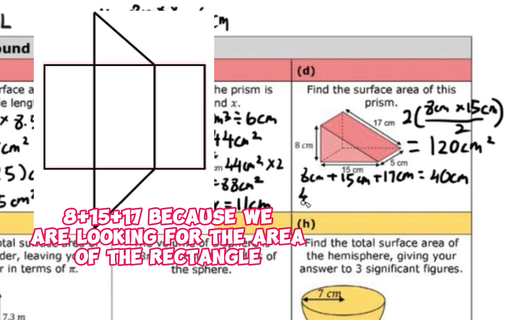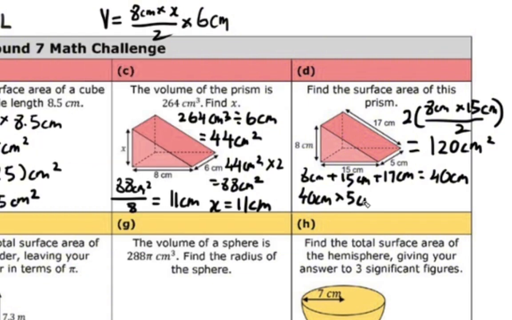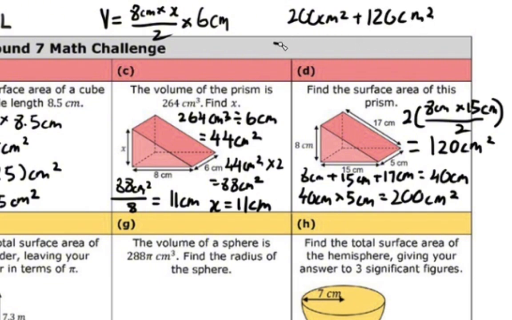And 40 cm multiplied with 5 cm would equal to 200 cm square. So 200 cm square plus 120 cm square would equal to 320 cm square. So that will be our answer for question D.